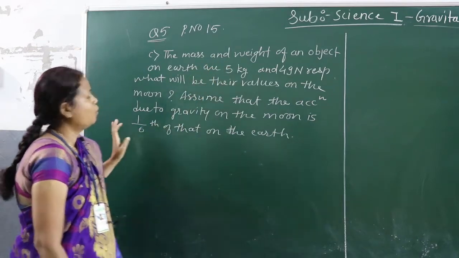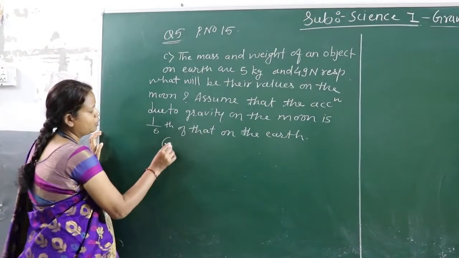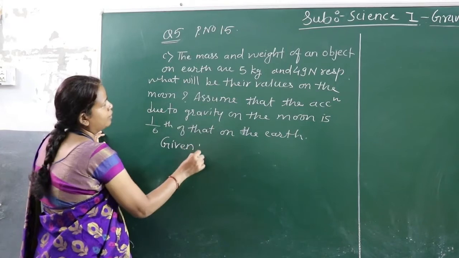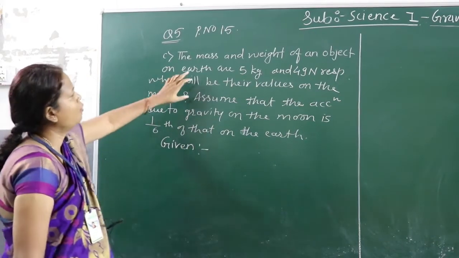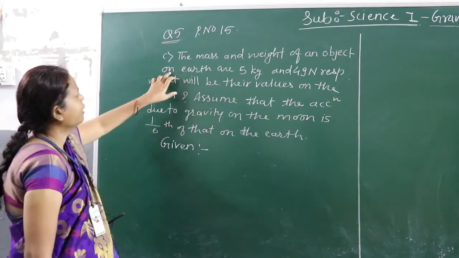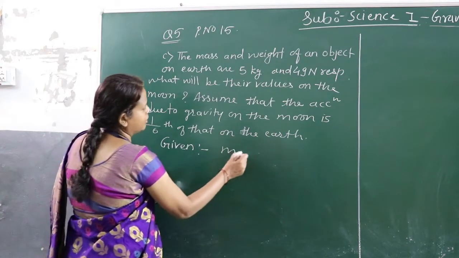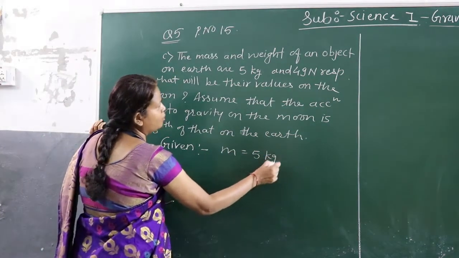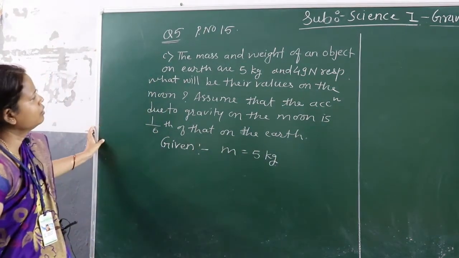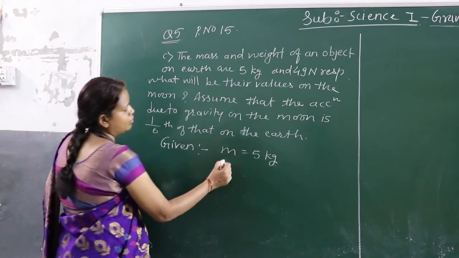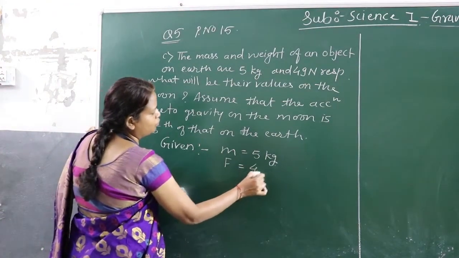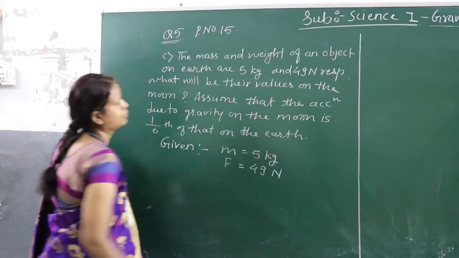What is given in the problem? It's a very simple problem. One object has mass equal to 5 kilogram and force equal to 49 Newton.